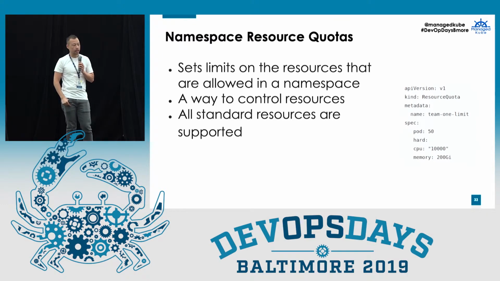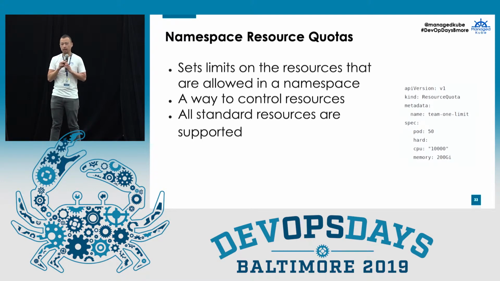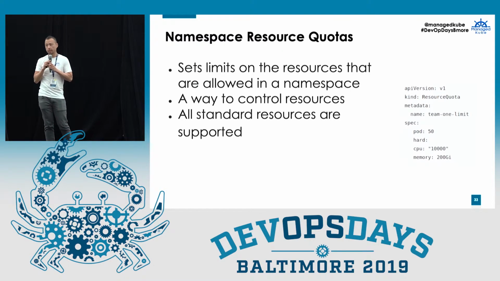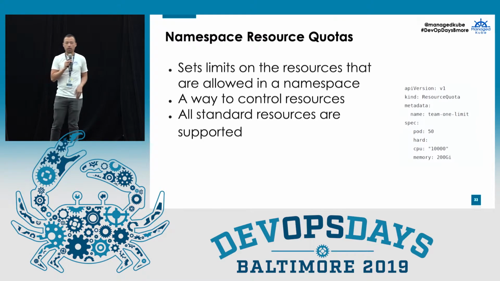Then there's namespace quotas. This is not exactly a cost-cutting tactic. However, it can limit runaway automation. So for example, if a developer says, instead of saying I want 10 copies of this thing, they accidentally punch in an additional 0 and say, I want 100 copies of this thing, with the autoscaler turned on, this might scale your cluster out to a really large size.